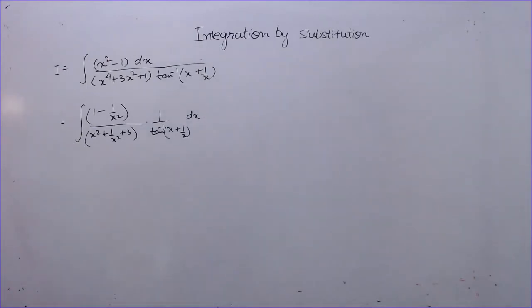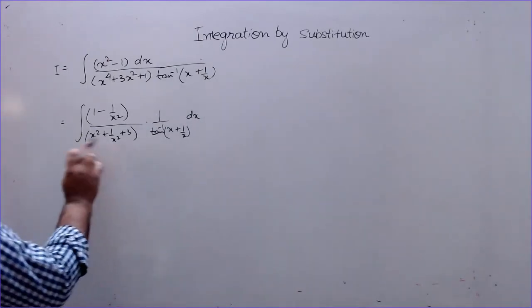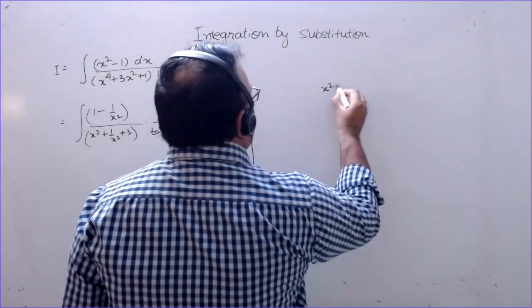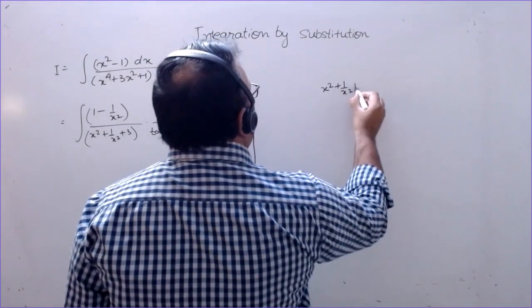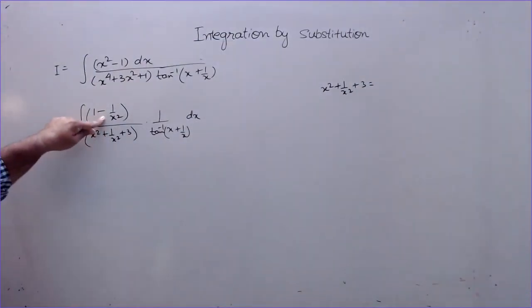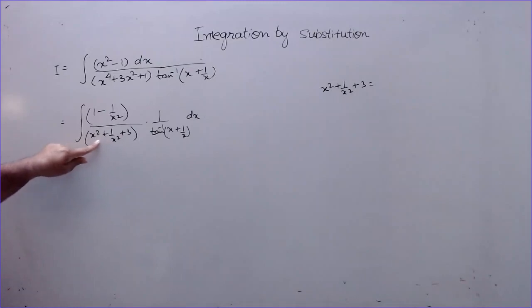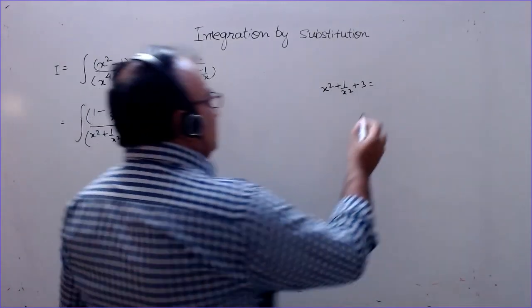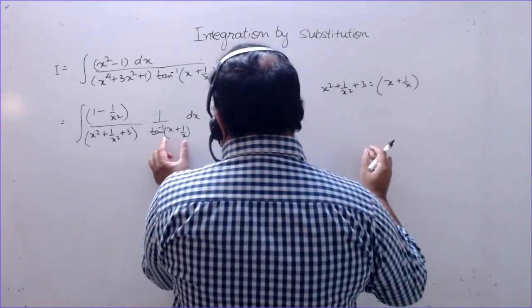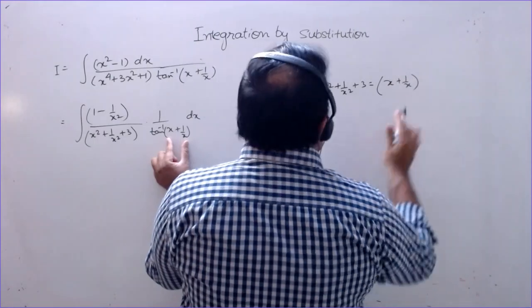Now see, as we did in the previous case, this can be written as x square plus 1 by x square plus 3. Here we have a minus sign, so I will write this as the derivative of x plus 1 by x. This will solve the case, as here also I have x plus 1 by x.